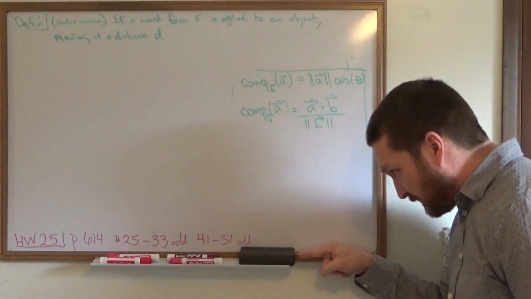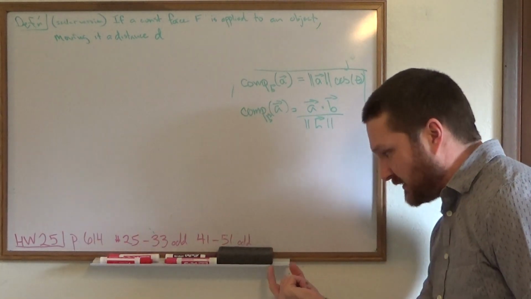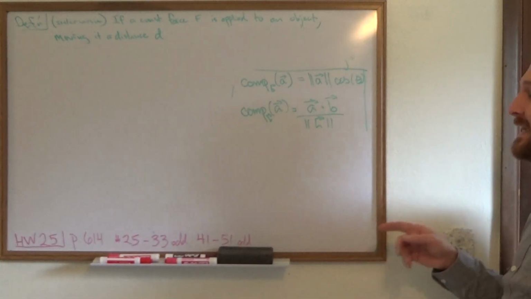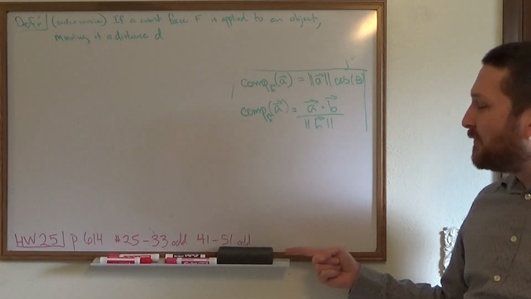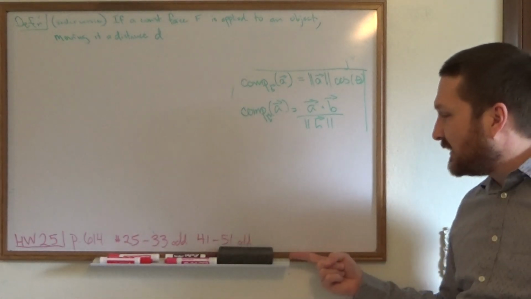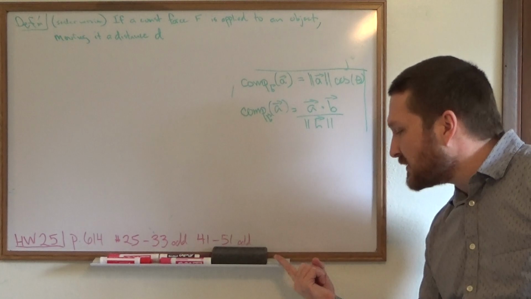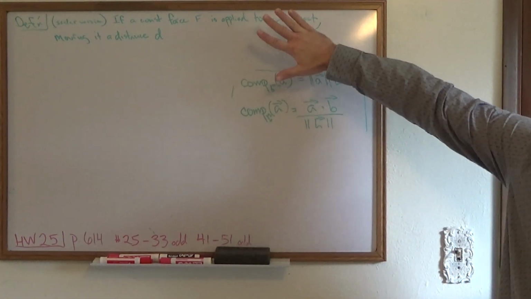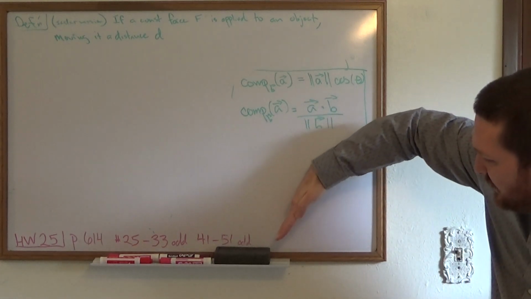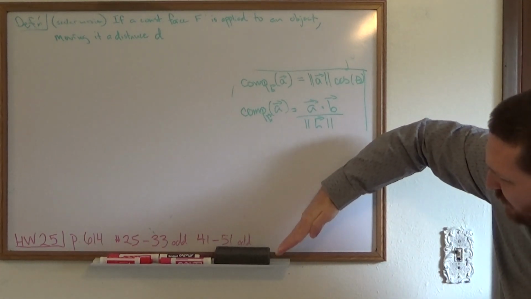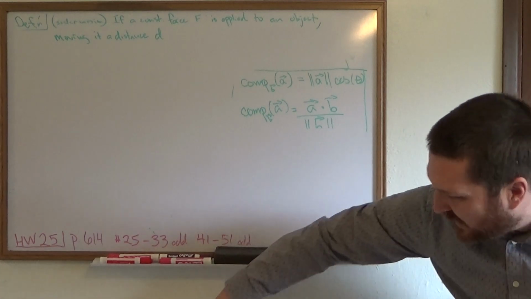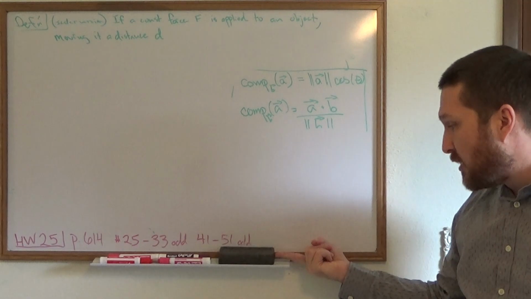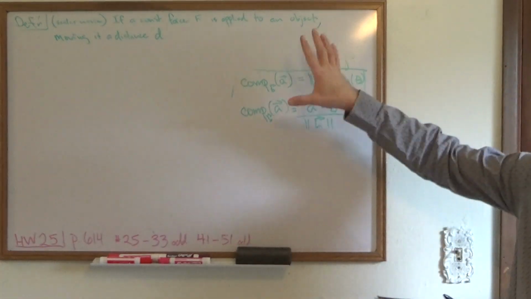I'm applying a constant force to an object and I've just moved it a distance d in the direction of the force. Notice I pushed exactly this way and it moved exactly that way. If I wasn't pushing this way, then this definition doesn't work. If I'm pushing this way, my direction of force would be going in this direction. That's not what I did. I pushed in the exact direction of motion. Okay, so that's the setup for what this is.